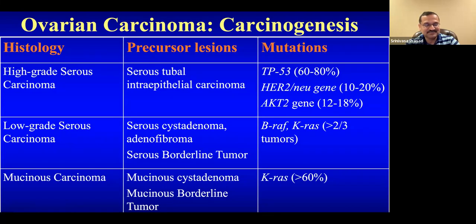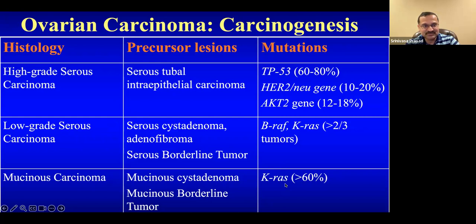So thinking that hopefully we can cure ovarian cancer by the same drug, but they are driven by different genetic changes, as in this case, the TP53. Almost 80 to 95% of all these patients will have TP53 mutations, and the low-grade serous and the mucinous carcinomas are driven by the KRAS gene mutation.